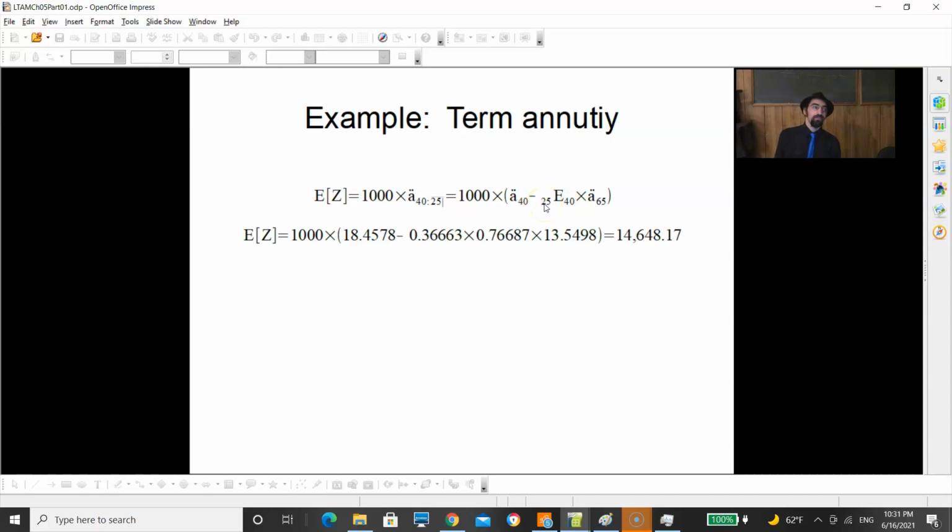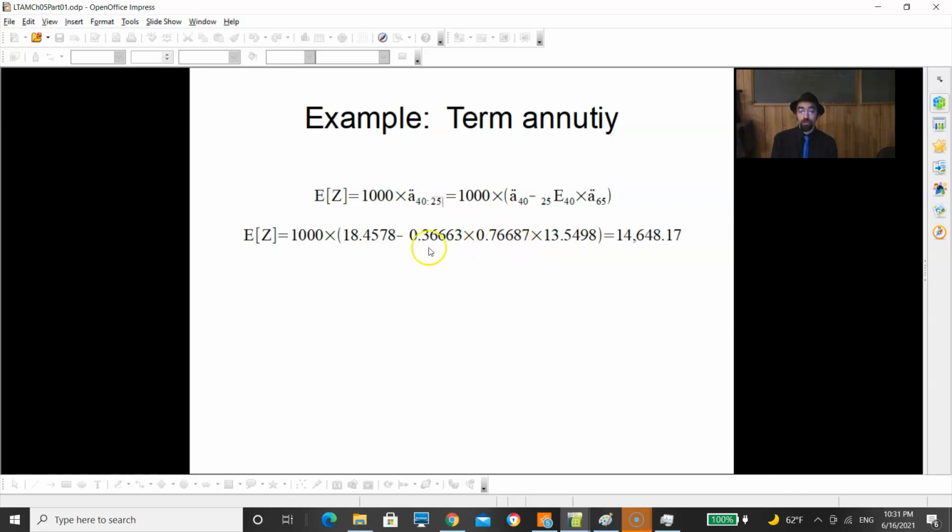And there are a couple ways of getting 25E40. You could do L65 over L40 to get the probability of survival, and then divide by 1.05 to the 25. Or, I have here, you could take 20E40 times 5E45.